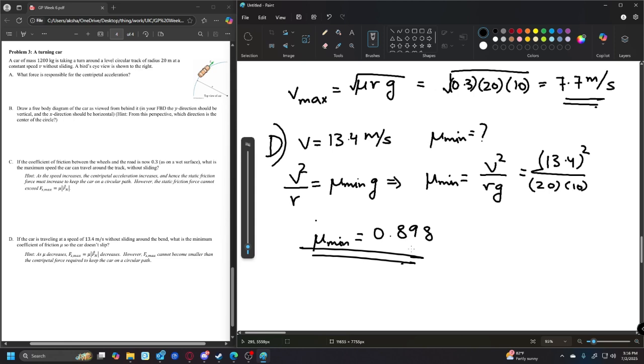So what this means is it must be at least this or the car will slip. So the coefficient of friction needs to be at least 0.898, otherwise the car just slips off the road.